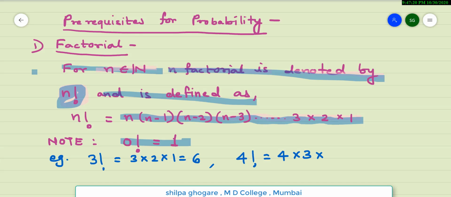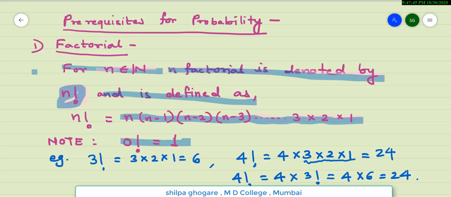So 4 into 3 into 2 into 1, which is 24. You can also see that 4 factorial is 4 into this 3 into 2 into 1, which is actually 3 factorial. So it is 4 into 6, which is again 24.